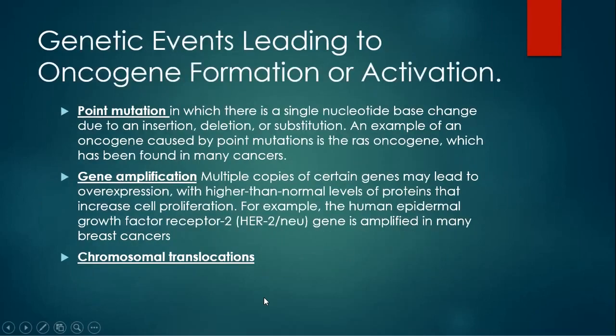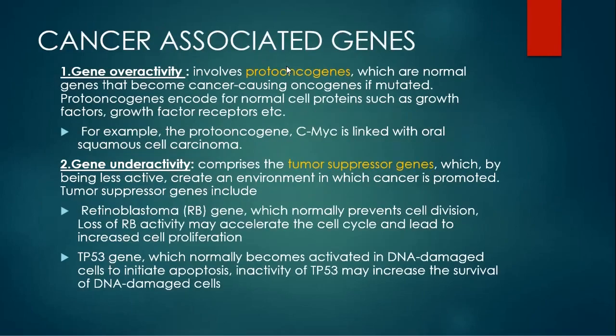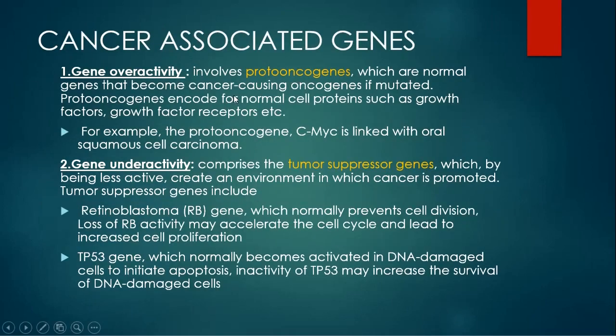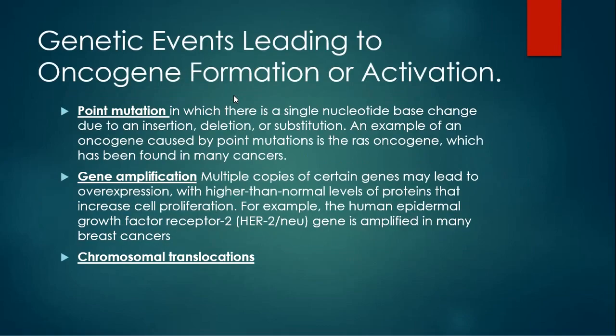All right, the next topic is the genetic events that lead to oncogene formation or activation. I told you that there are two gene activities, gene overactivity and gene underactivity. So we are going to talk about the events that lead to oncogene formation or activation. First of all, we'll talk about point mutation.